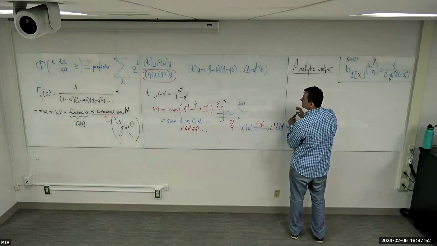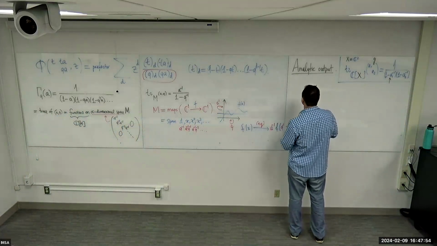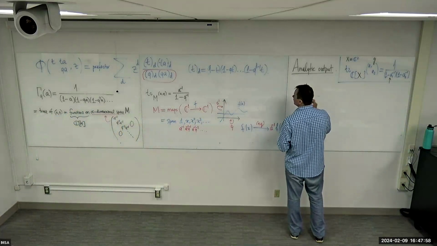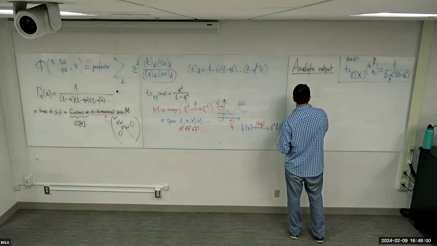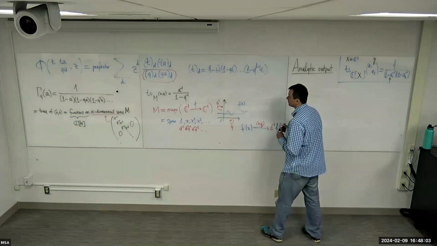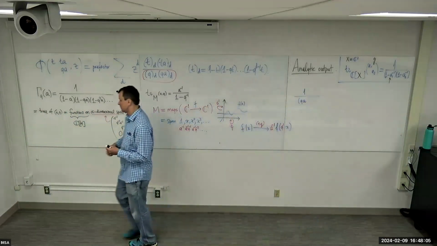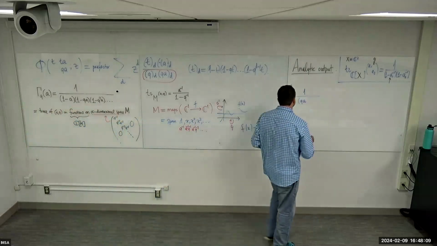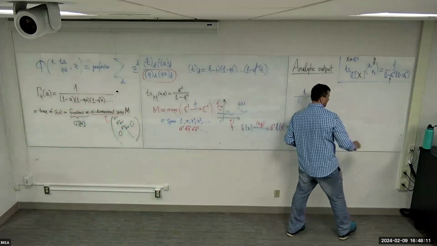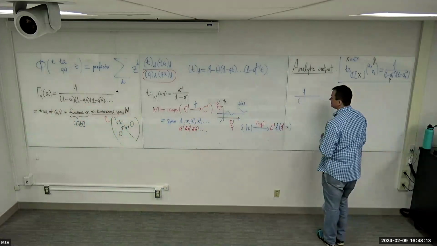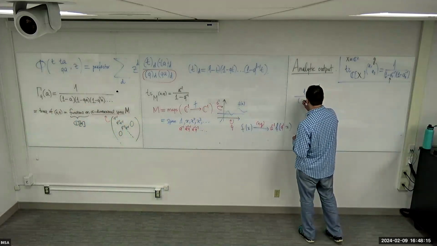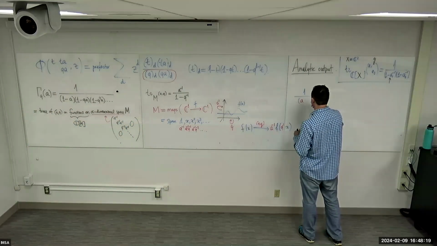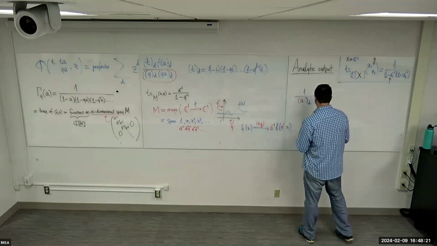If I want an expression of the kind 1 over, let's say, well, let's not put Q. Let's have a, e.